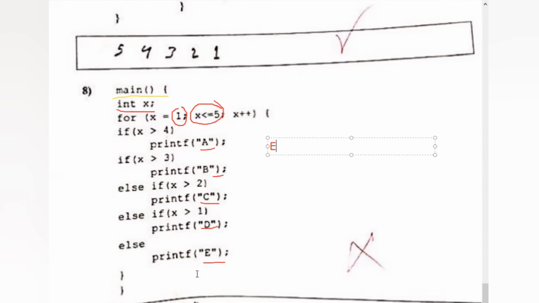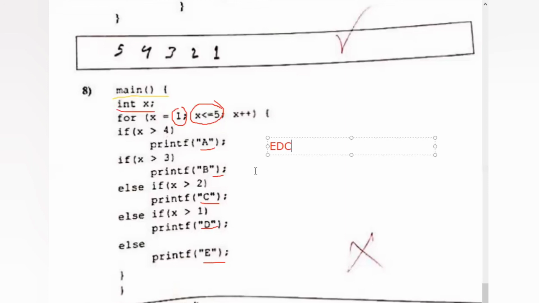When it is 2, it will display D. When it becomes 3, it will display C. No, sorry. When it is 1, it will display E.